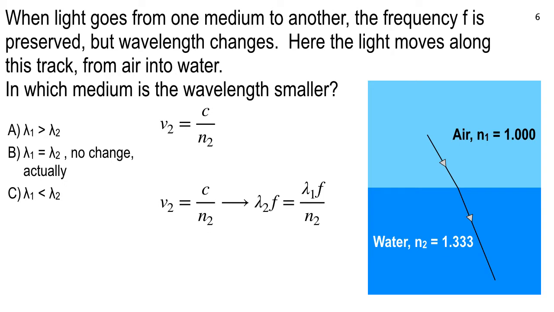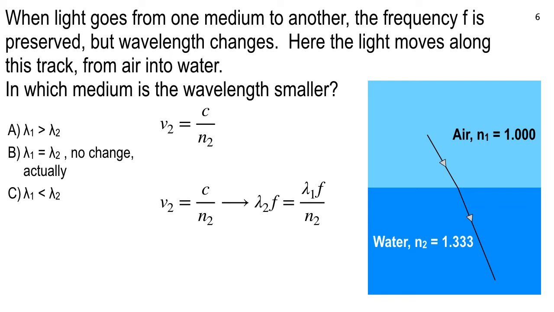Over here in medium number 2, the reason I'm putting lambda 1 f is because air is pretty close to the speed of light. You got to go out a few more zeros before you catch any digits other than 0. So we'll just consider that to be the speed of light up here. So lambda 1 f, and then v2 is lambda 2 f.